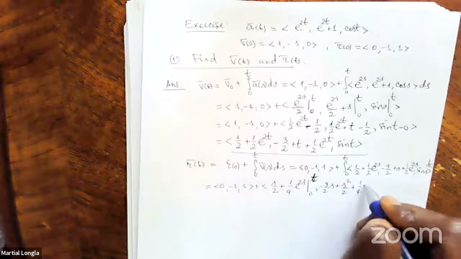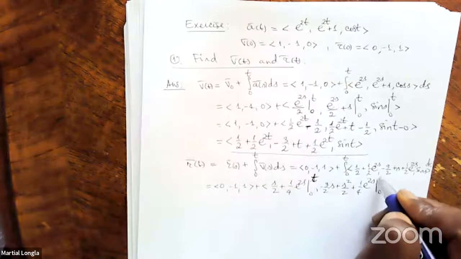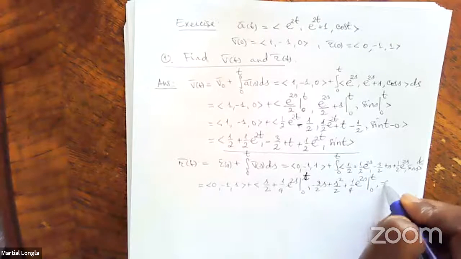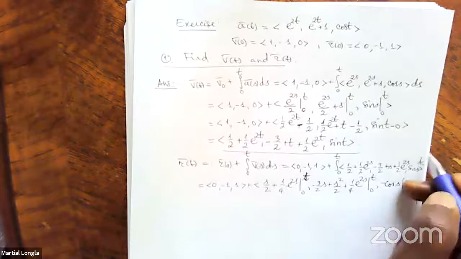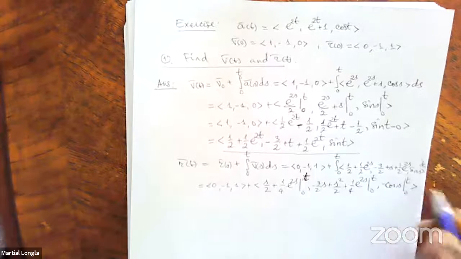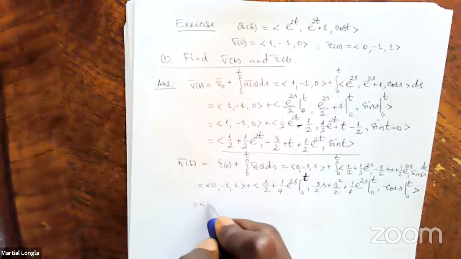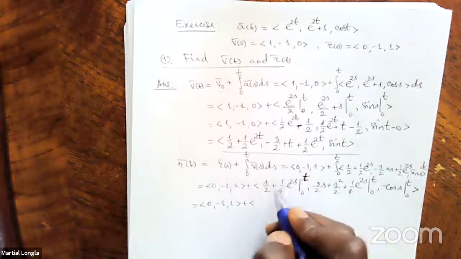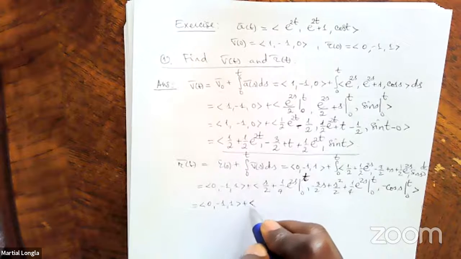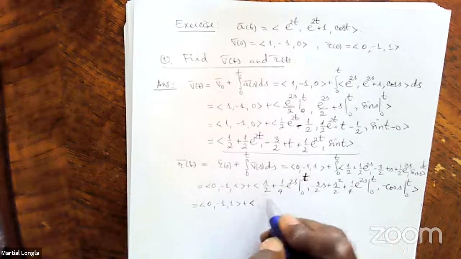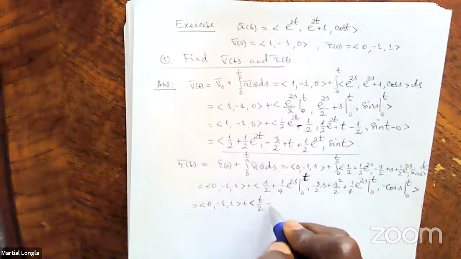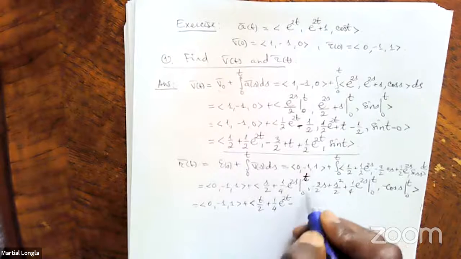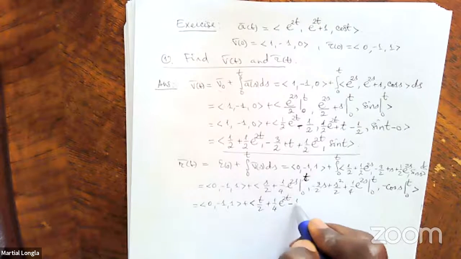So it's 1/4 e to 2S, 0 to T. And then the integral of sine is negative cosine S, 0 to T. Plug in T, you get T over 2 plus 1/4 e to the 2T. Then plug in 0, you get minus 1/4.